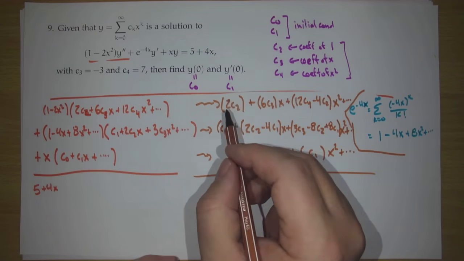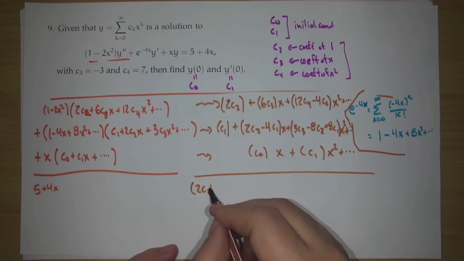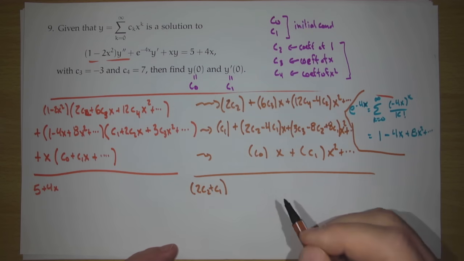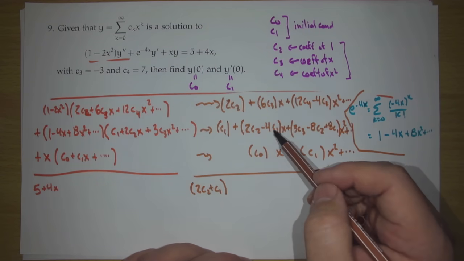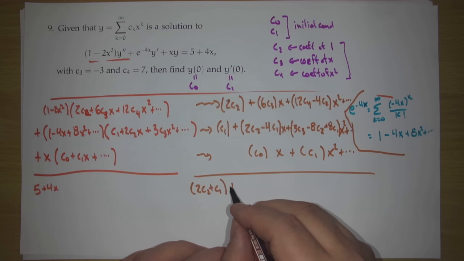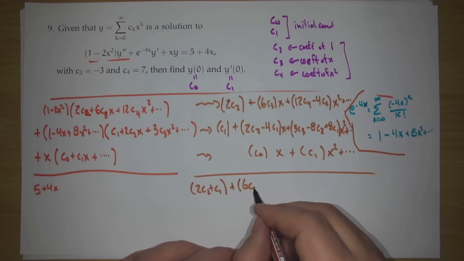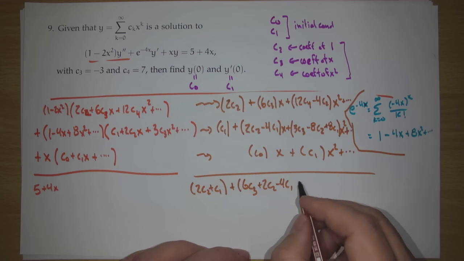Okay, so combining, we'll have 2c2 plus c1, that's the constant term. Then we're going to get 6c3, 2c2 minus 4c1, and c0. Plus, nothing combines there. That's okay. Doesn't have to.